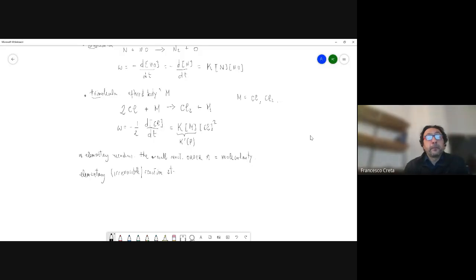Usually you will use this word step, because in general in a chemical system you have many steps, many elementary reactions, and we can still use our usual notation.